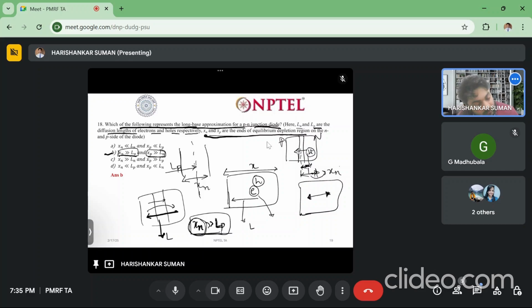Xn is too high for the hole, so it cannot transfer from n-type to p-type. In a similar way, from the p side, the electron cannot. Xp is too high for the electron in the p region.